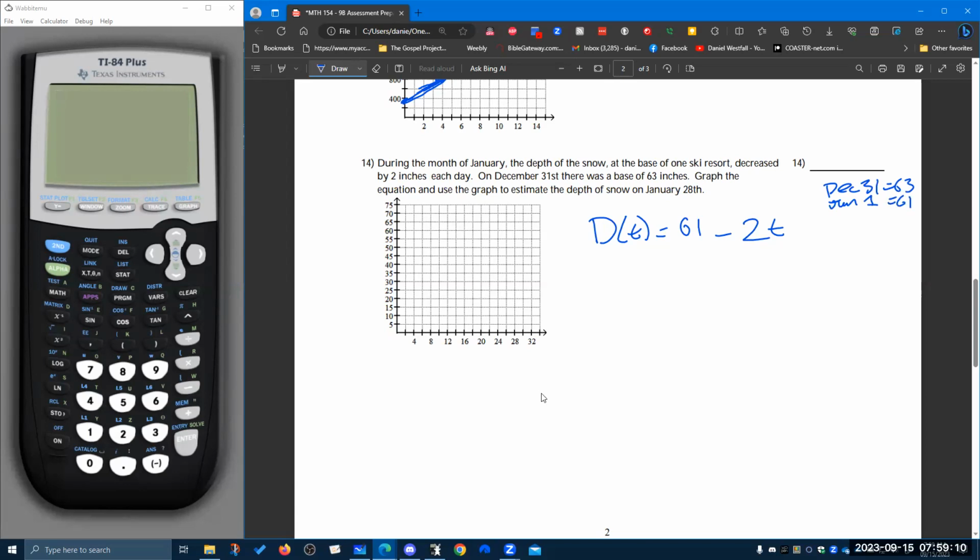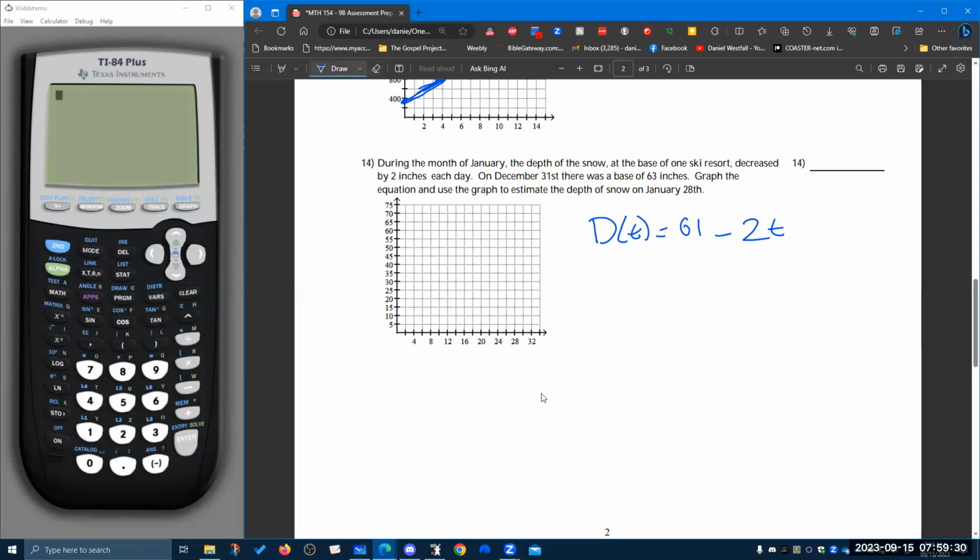We would be at 61. So our y-intercept here should be 61, but let's call December 31st day 0, and let's call day 1 January 1st.